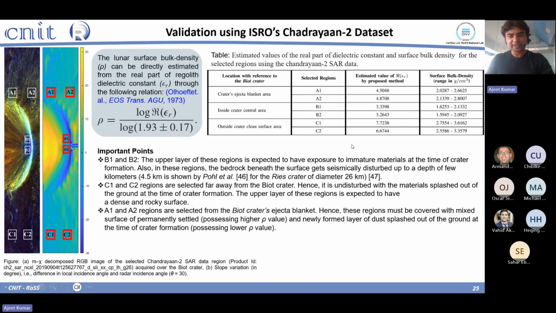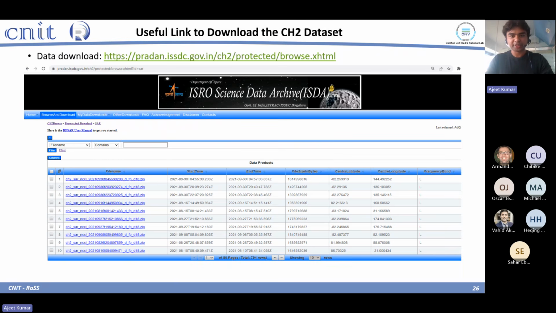We tried to validate it, and for C1, C2, the undisturbed area, we calculated the dielectric constant and then the surface bulk density. It was higher for these two, medium for these two, and lowest for these two, as we expected, and we validated this. So this was the lunar surface implementation.